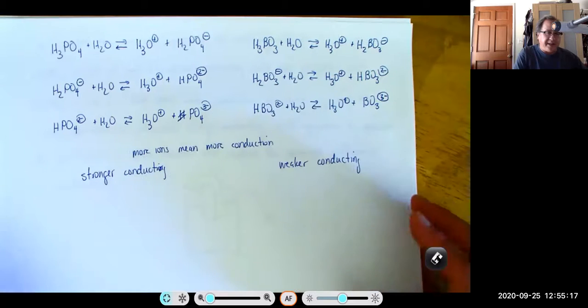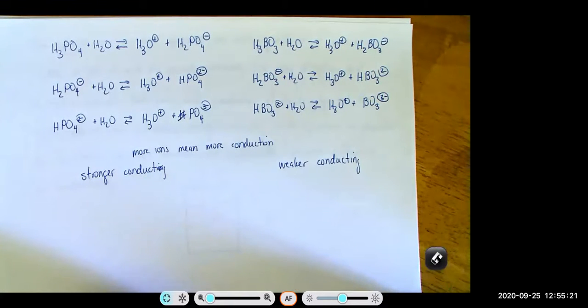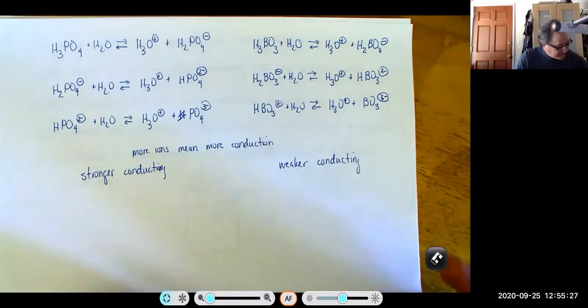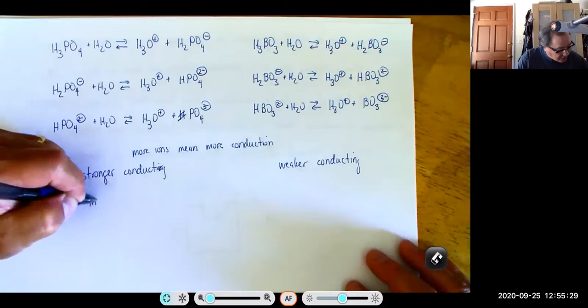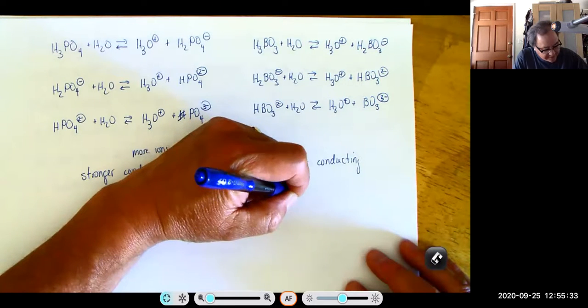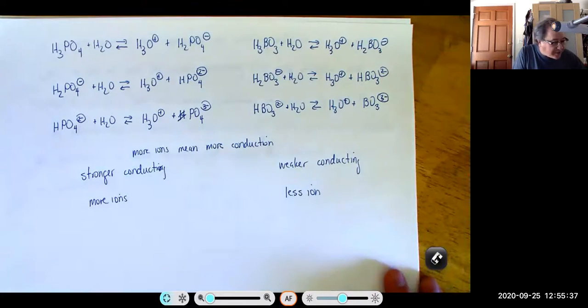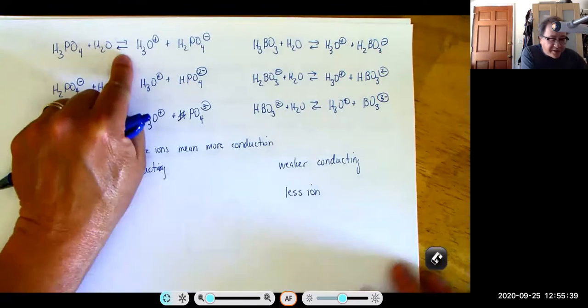How do we explain that? What would it mean? The phosphoric acid would have more ions? Yes, that's a very good start. More ions, less ions. So for this one to have more ions, what does it tell you about this dissociation compared to this one?